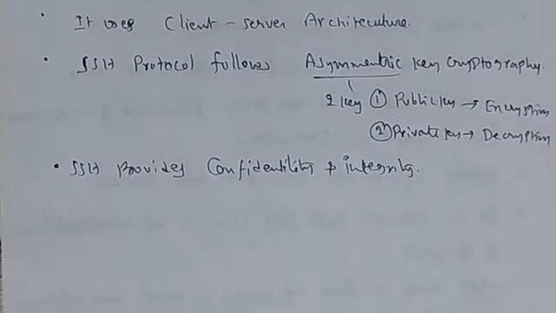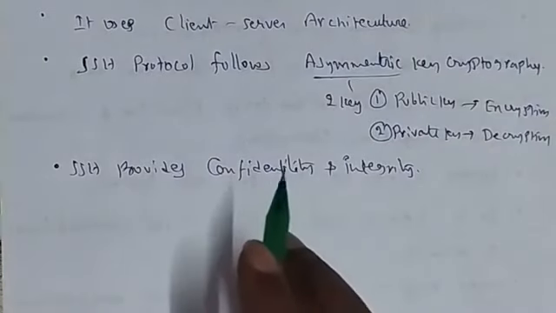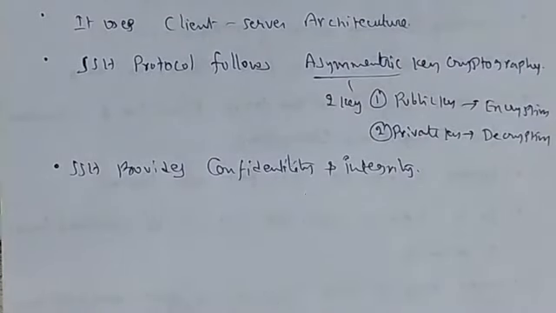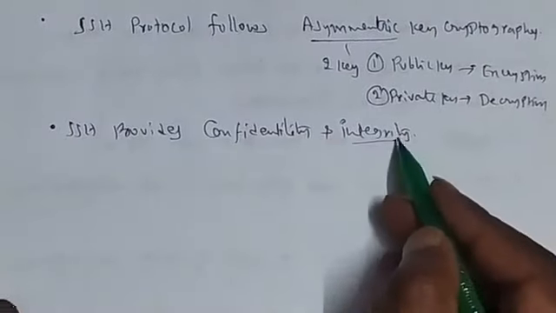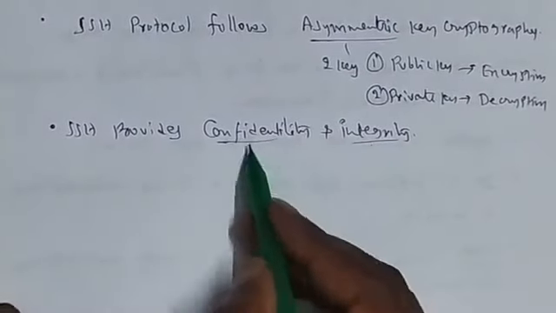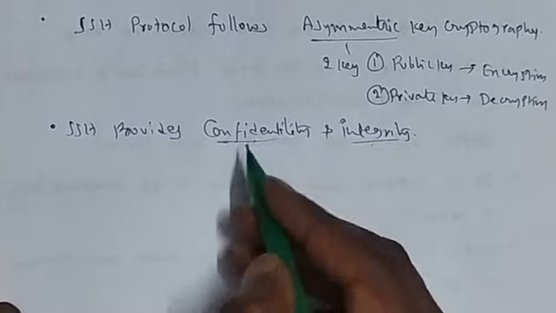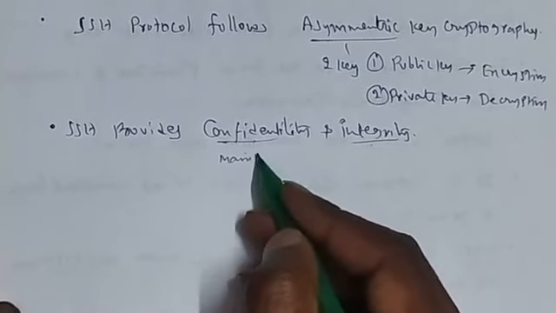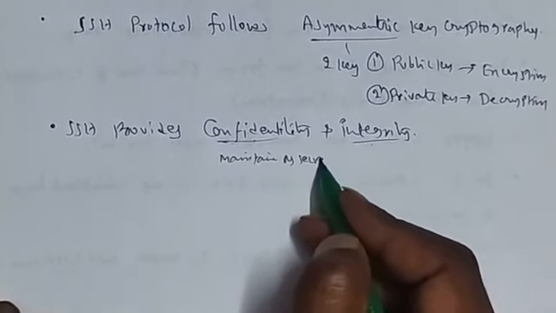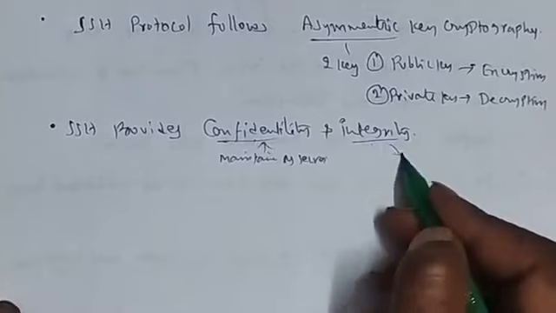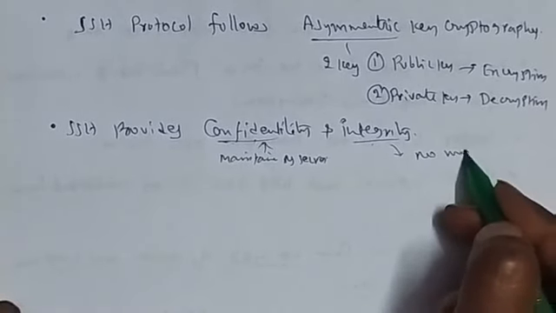What is the meaning of confidentiality? The data transferred over the network will be kept confidential. There is no data leakage, maintained as secret. And integrity means no modifications.